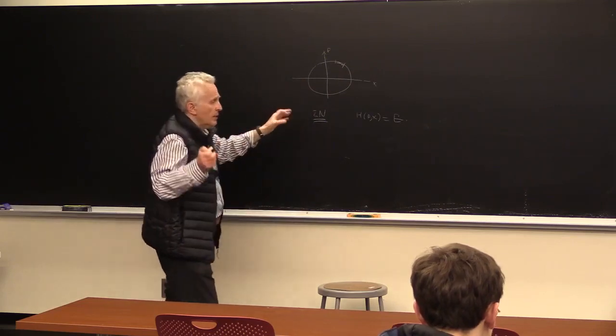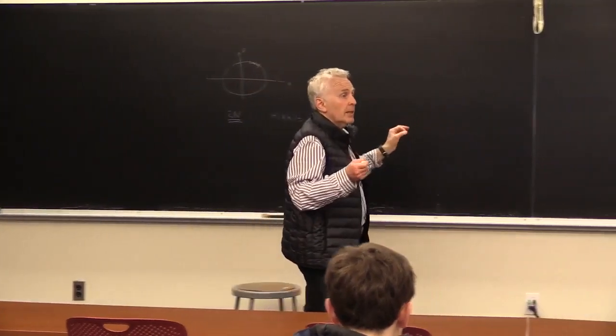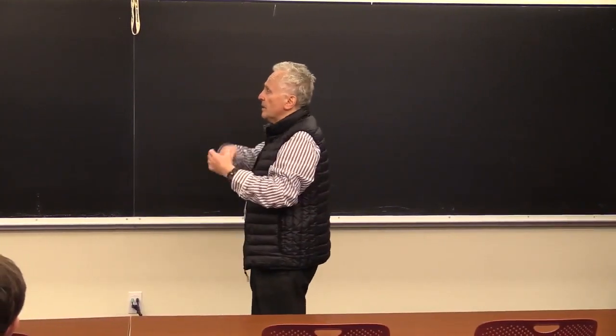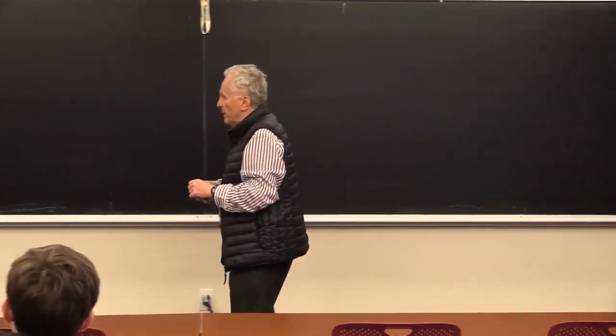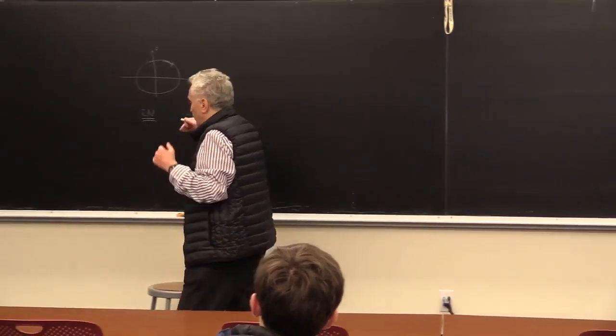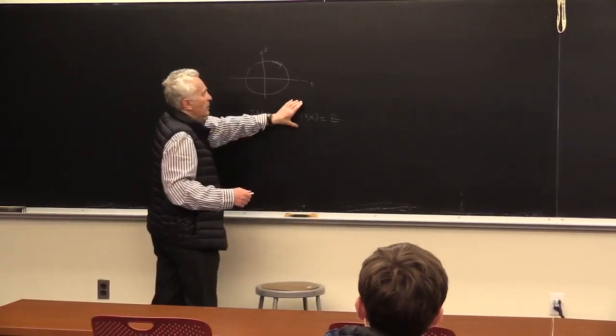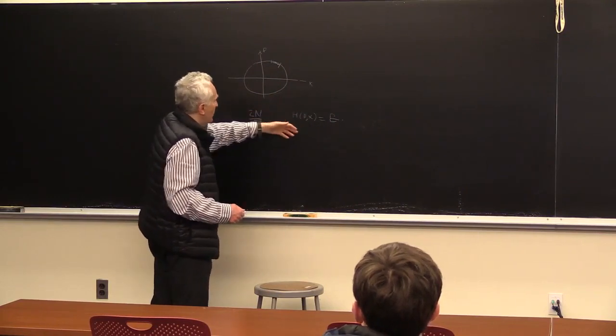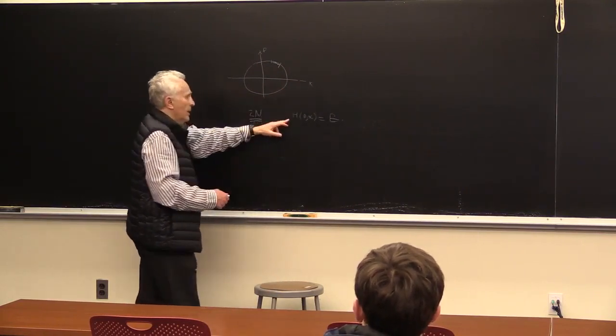And generally speaking, in this 2n minus 1 dimensional space, a generic system moves in a very complicated way. But as we will see, it covers more or less with constant density this subspace defined by this equation.